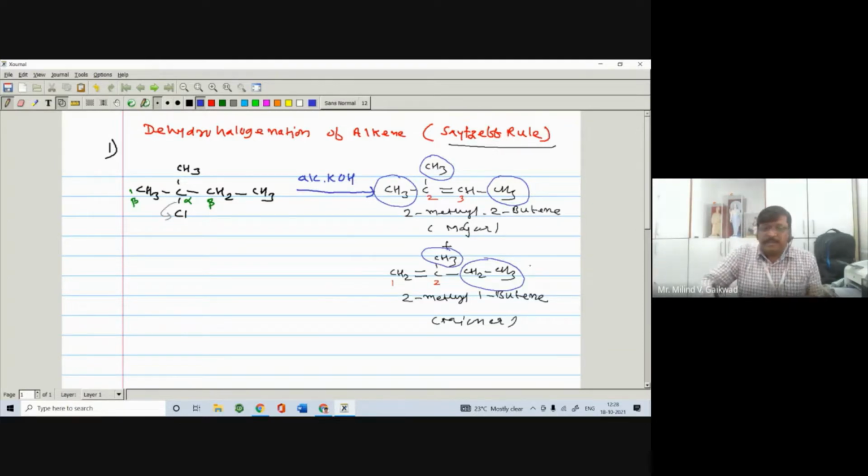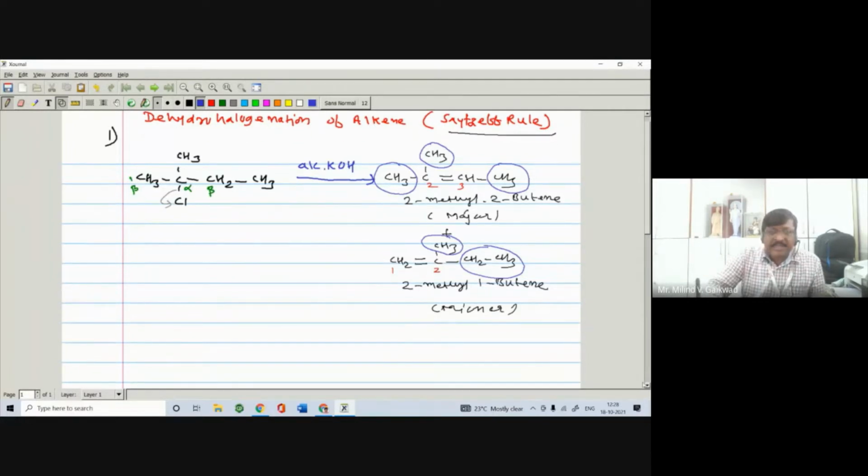Okay. So here you can get such a type of major and minor compound. It is a dehydrohalogenation reaction. So the nature of RX will decide the formation of product, either major or minor. It is governed by the Saytzeff rule.